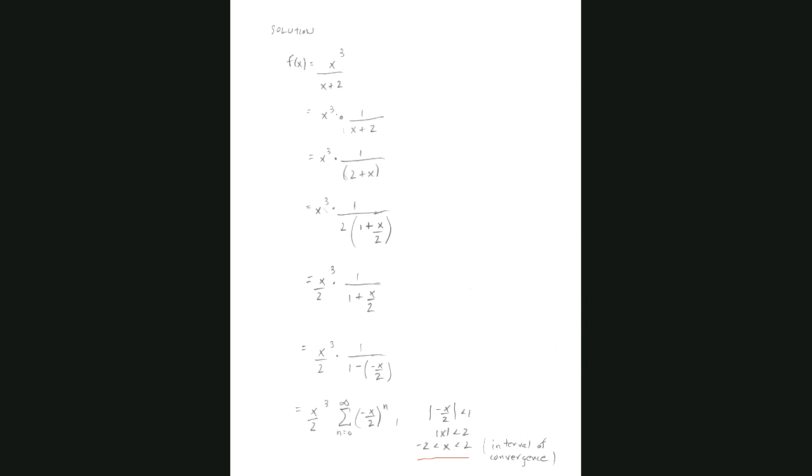All right, and if you were, let's say you were to put in x equals 2, just out of curiosity, the power series, I won't put n equals 0 to infinity. If you were to put x equals 2, you'd have -2, I'm talking about plugging in x equals 2 here for x. You'd have -2 over 2 to the nth power. We won't worry about the x cubed over 2 yet.